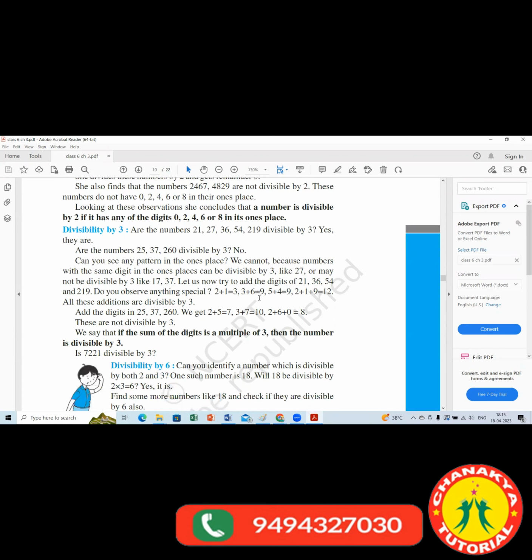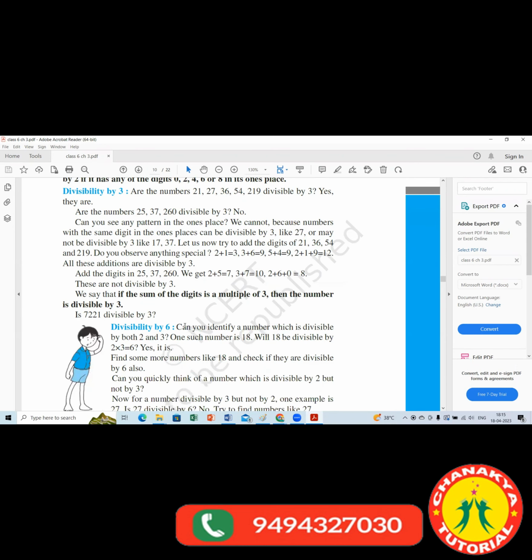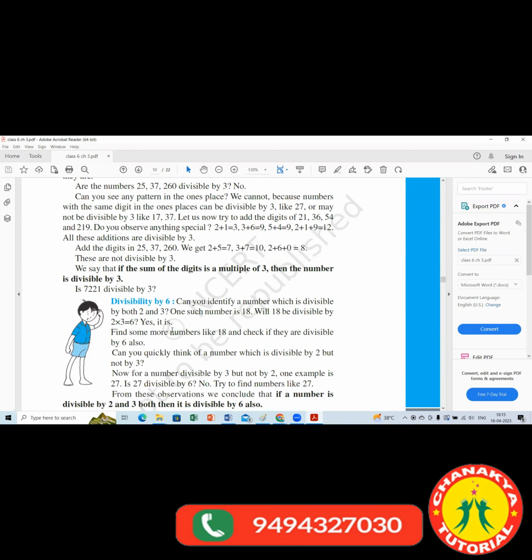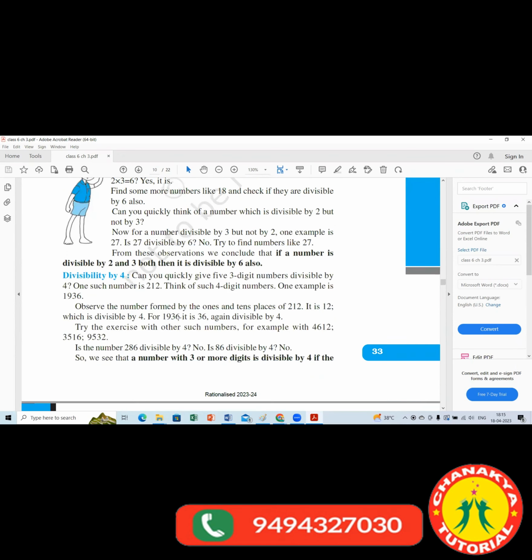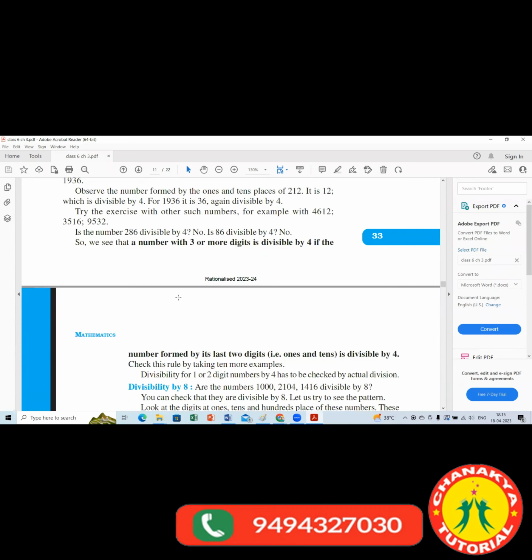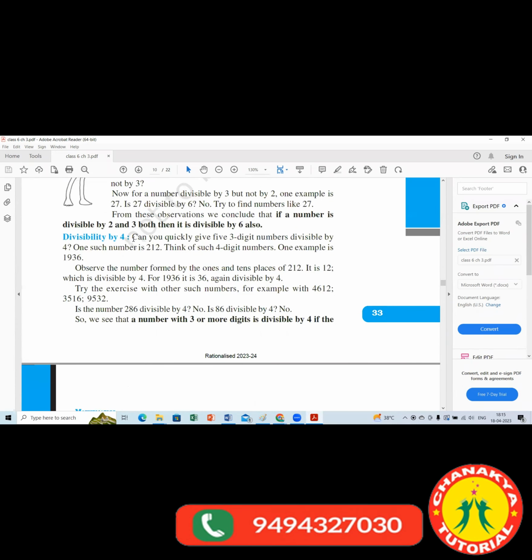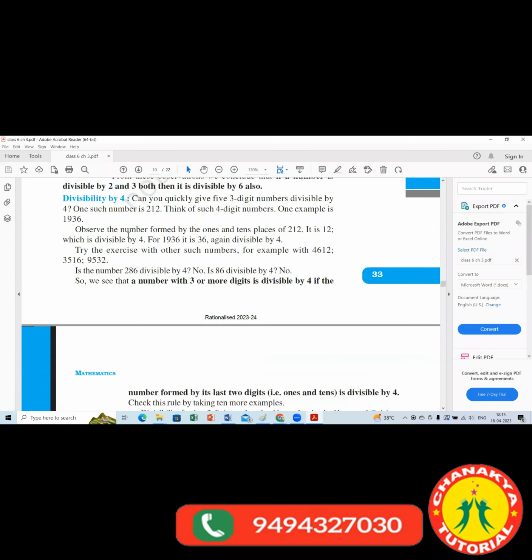The sum of the digits in the given number should be exactly divisible by 3, which means it is divisible. Now divisibility by 6 means both the 2 rule and the 3 rule should be true. Then we can go. 4 and 8 are very similar, beta. Divisibility by 4: you should check the last 2 digits. It should be either 0, 0 or divisible by 4. That's the divisibility rule of 4.